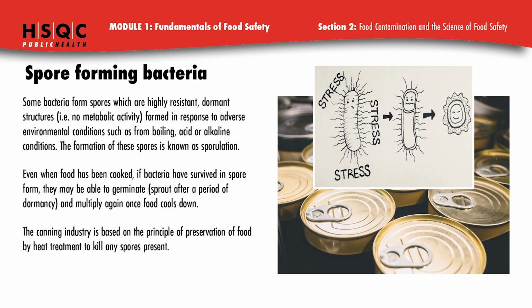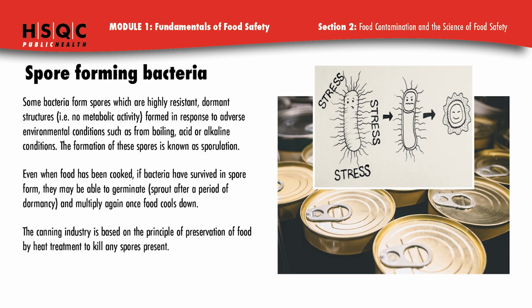Spore-forming bacteria. Some bacteria form spores, which are highly resistant dormant structures, that is, no metabolic activity, formed in response to adverse environmental conditions, such as boiling, acid or alkaline conditions. The formation of these spores is known as sporulation.